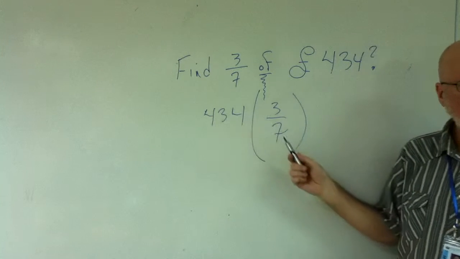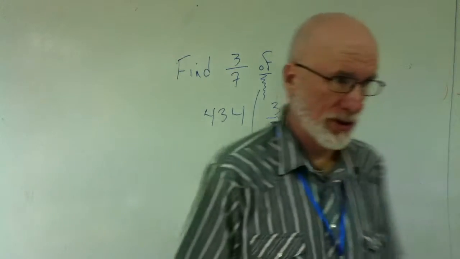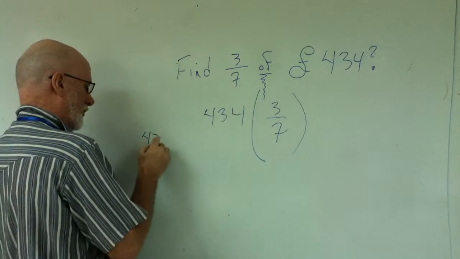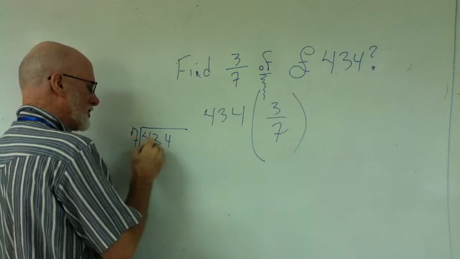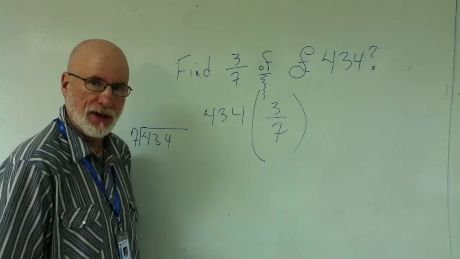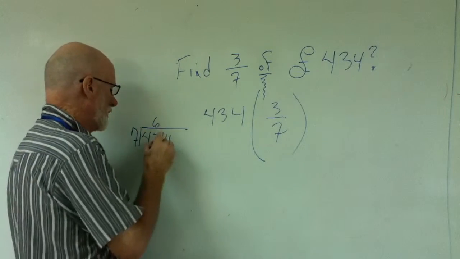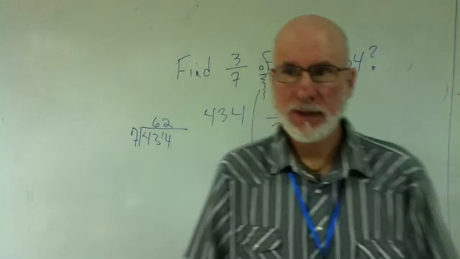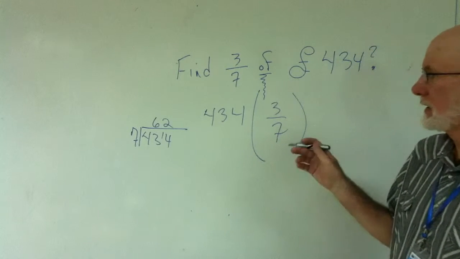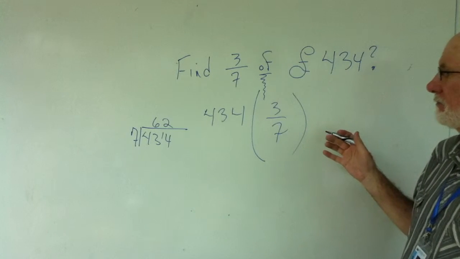Can I divide 7 into 434? Yeah. Use short division. 4, 3, 4. 7 goes into 43 how many times? 6. How much left over? 1, 2. So 62 times, right?